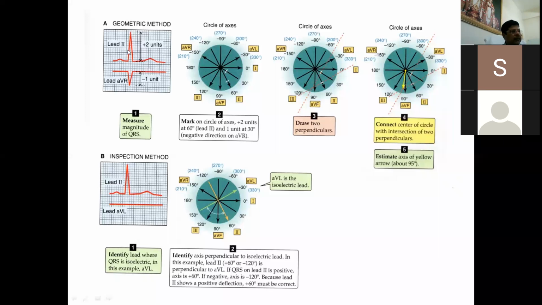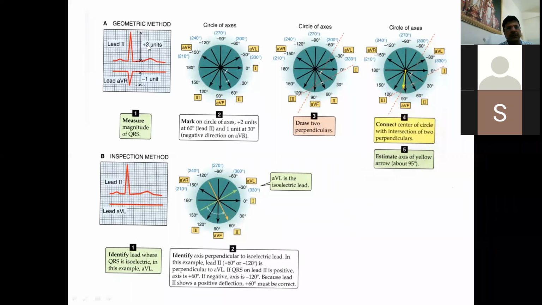Okay, so you have this method called the geometric method. So what is this geometric method? You take the ECG from lead 2 and AVR, and you calculate in lead 2 the height of the R wave.